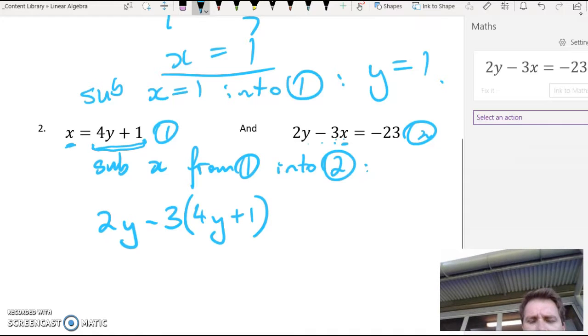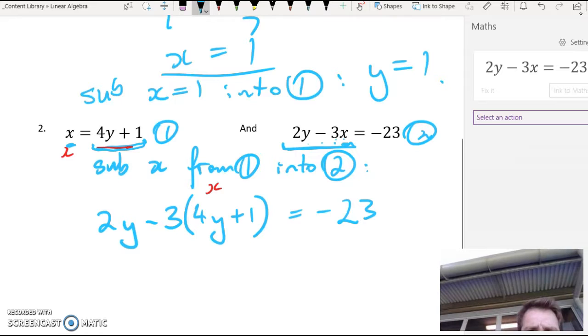I've written that x as being that expression. Now I've got to finish off writing this equation, which was equals negative 23. That was the end of equation 2.